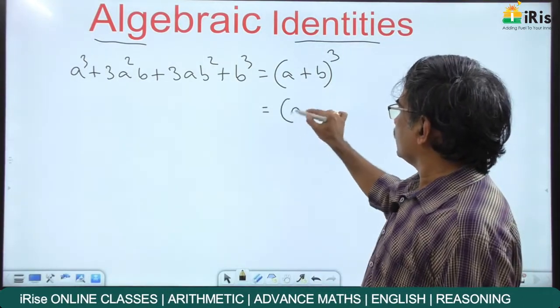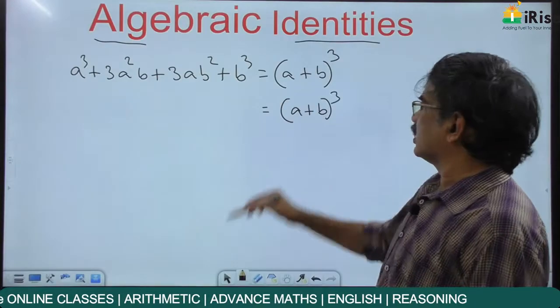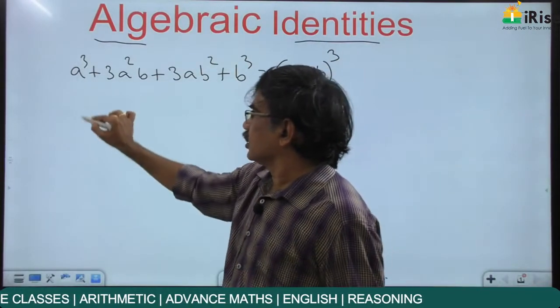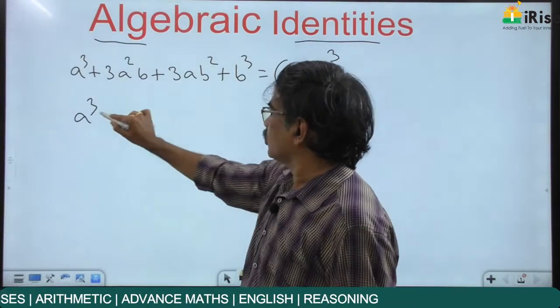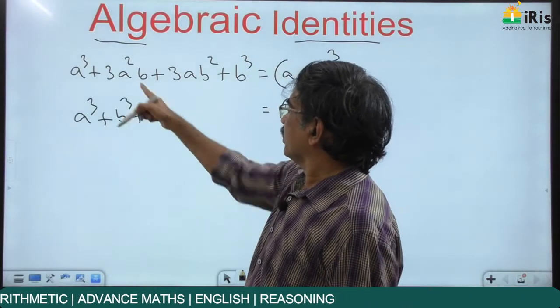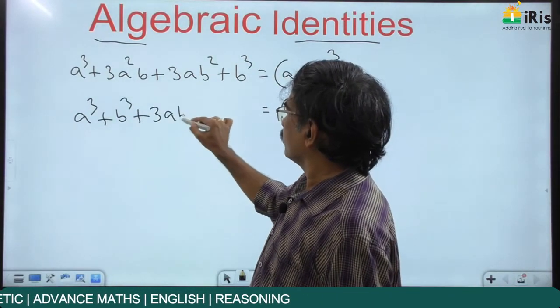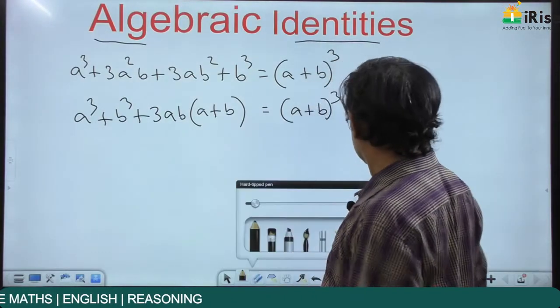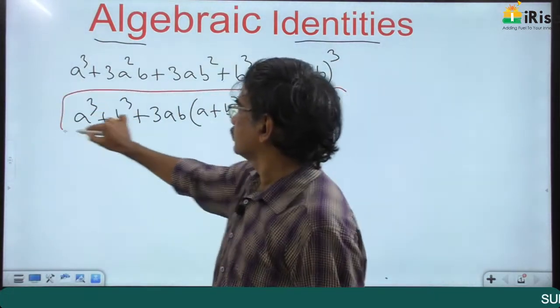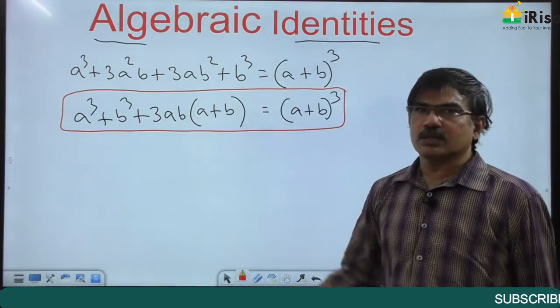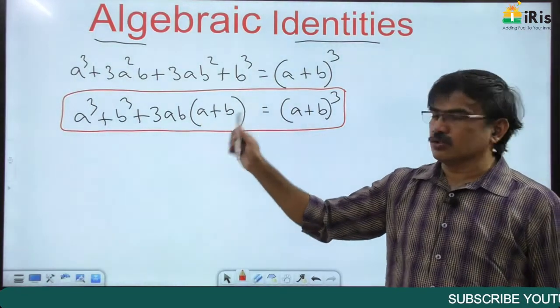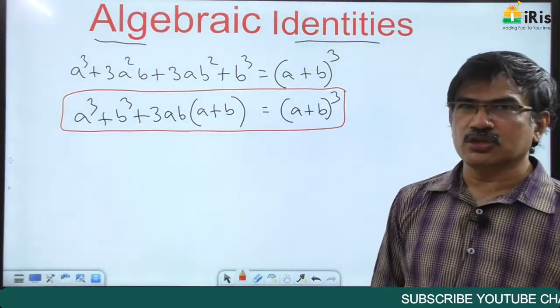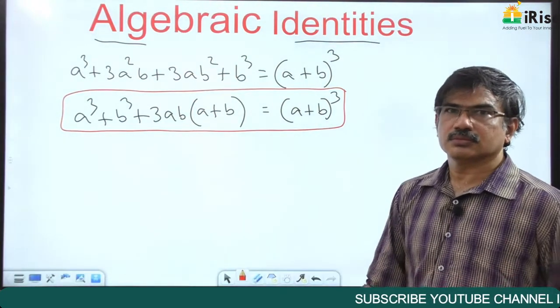And this can also be written as a cube plus b cube, and by taking 3ab common, we get a plus b. This is one more important formula: a plus b whole cube is equal to a cube plus b cube plus 3ab into a plus b.